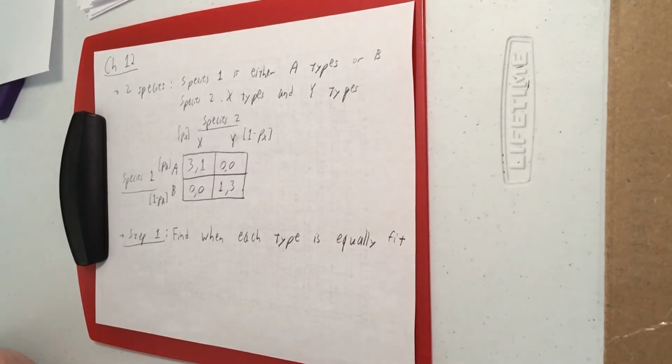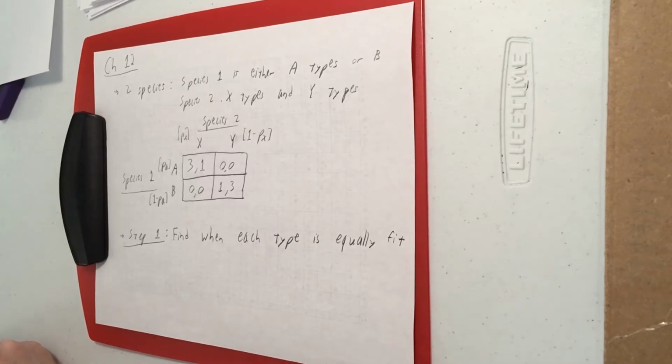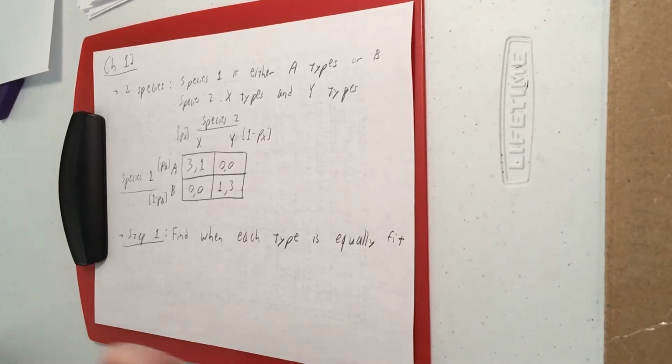Equilibria can be where everybody is the same type for each species, so it could be all A types and all X types, or all A types and all Y types, etc. There's also the polymorphism where some are A types, some are B types, and also some are X types, some are Y types. So we've got to find that polymorphism, analogous to the mixed strategy Nash equilibria.